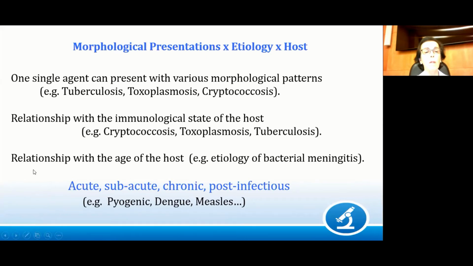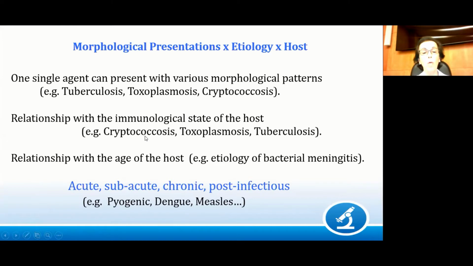As I said, one single agent can present with various morphological patterns. For instance, tuberculosis may present with meningitis, with tuberculoma, and tuberculous abscess. Toxoplasmosis as encephalitis, or usually with the space-occupying lesion. Cryptococcosis with meningitis, but also with tumor, cryptococcoma.